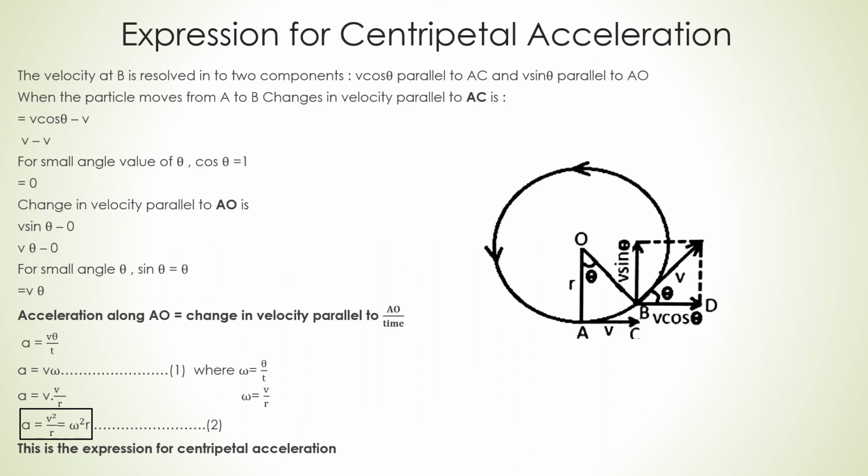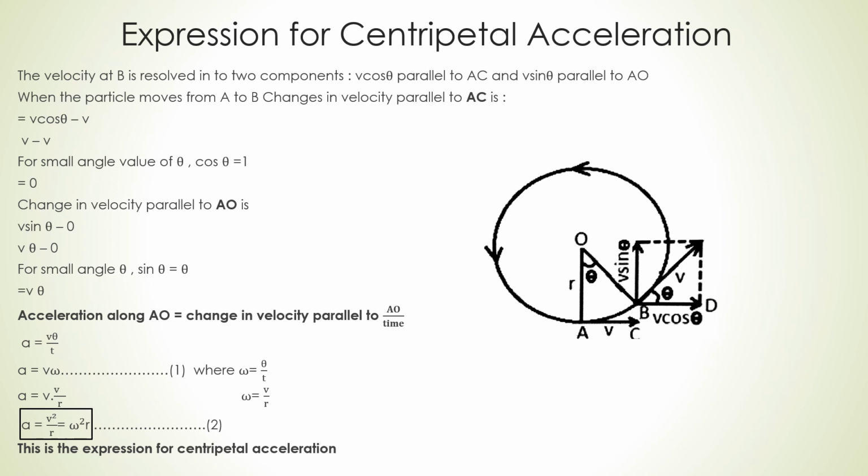Next, we have derived the relation between linear velocity and angular velocity, that is v is equal to omega r, or omega is equal to v by r. So we substitute omega in the equation. Therefore, acceleration a is equal to v into v by r. That is, omega we write as v by r.